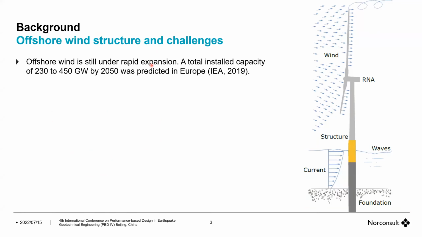They have challenges, a little bit shown on this sketch on the right side, and the field is still under rapid expansion. It was predicted already in 2019 that by 2050 we will have something like 400 gigawatt of installed capacity in offshore wind.